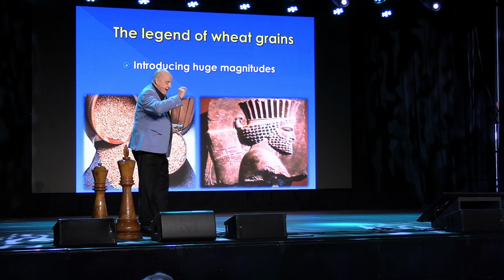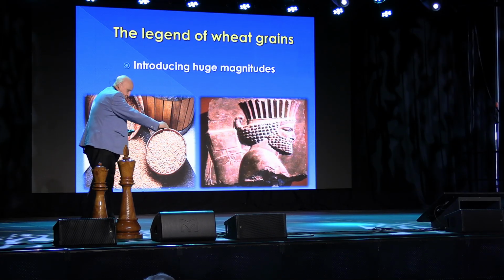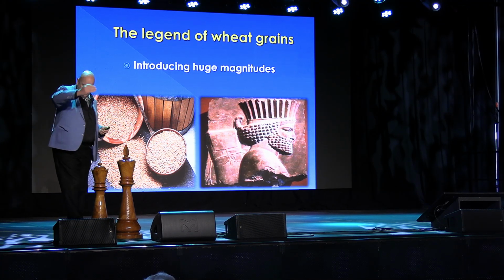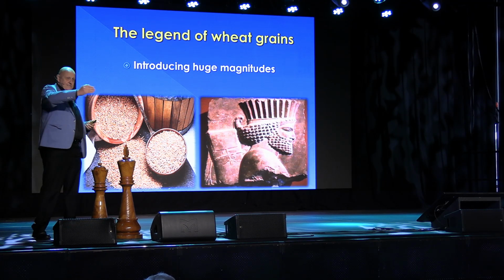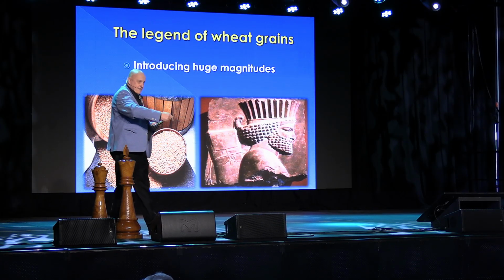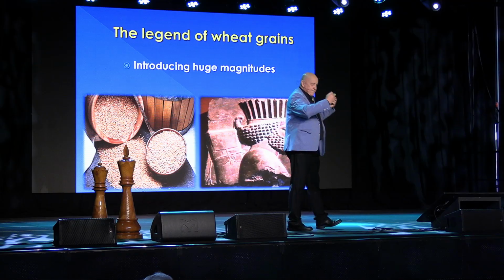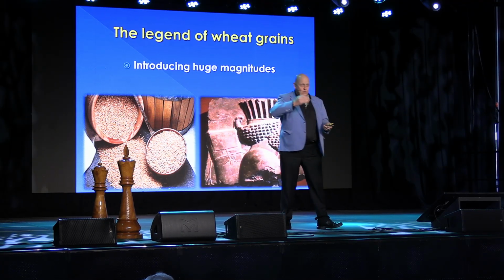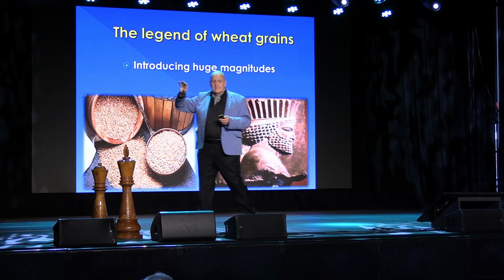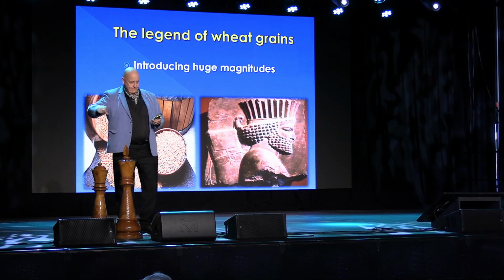We put 1 grain of wheat in the first one, 2 in the second, 4 in the third, 8, 16, 32, 64, 128, 256, 512, and so on. We are doubling until square 64.